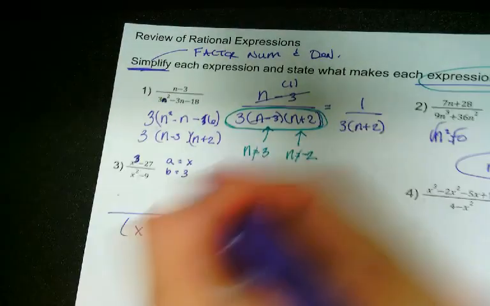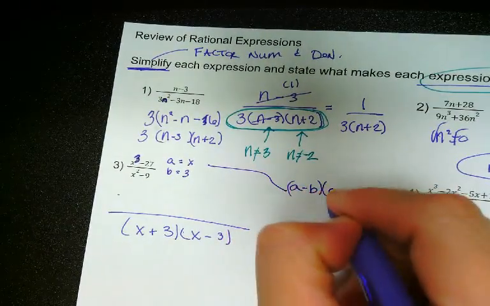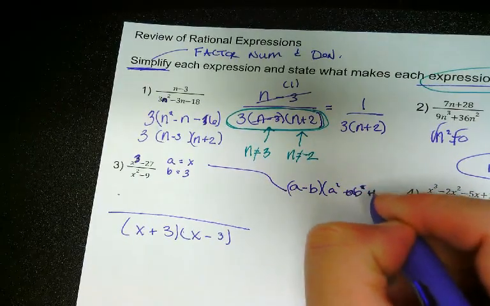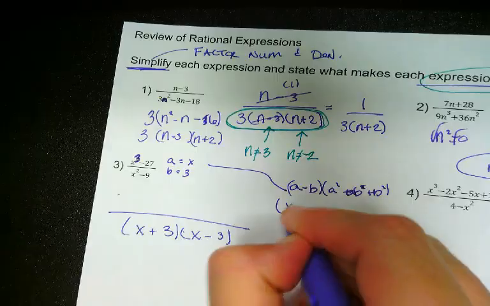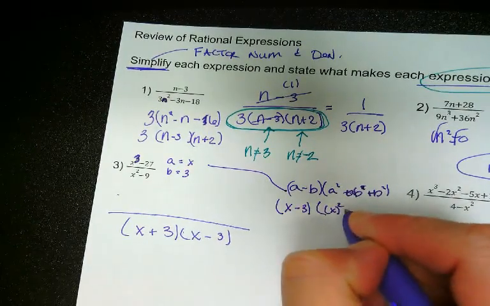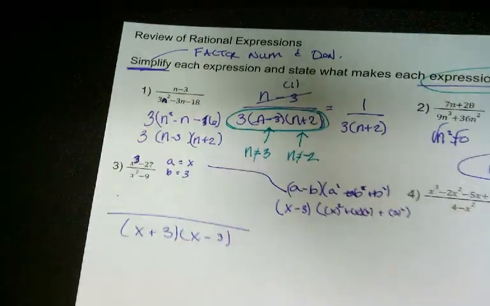So now you just follow the formula that's given. So it's A minus B. I'm going to actually do it off to the side here. It's A minus B times A squared plus AB plus B squared. So I'm going to have x minus 3 in parentheses x squared plus x times 3 plus 3 squared.